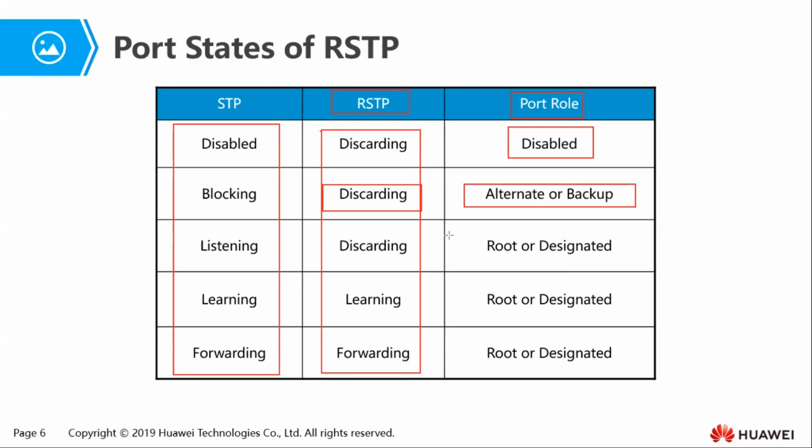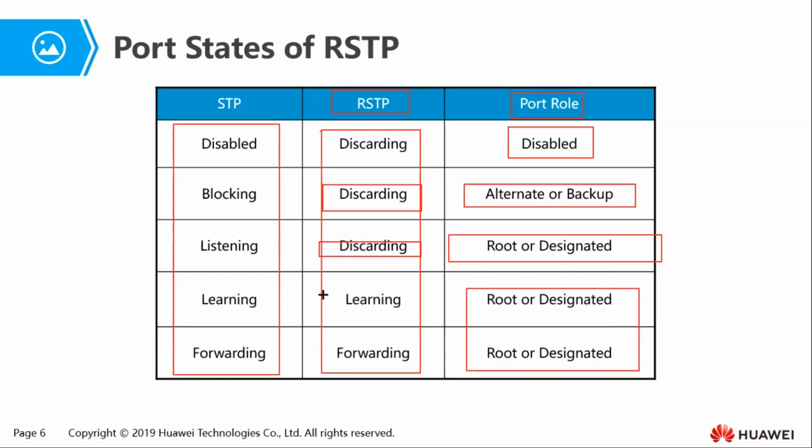Then the root port and the designated port can also be in discarding state, as we are going to see in the next few slides. The only ports that can be in learning and forwarding state are the root port and the designated port.